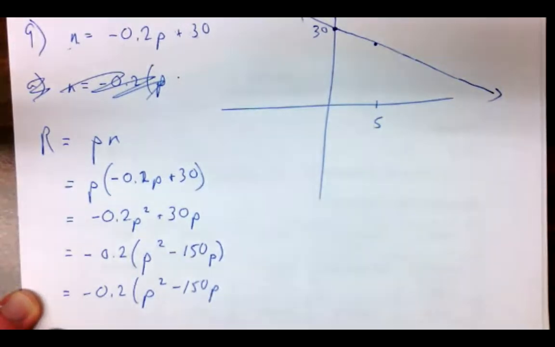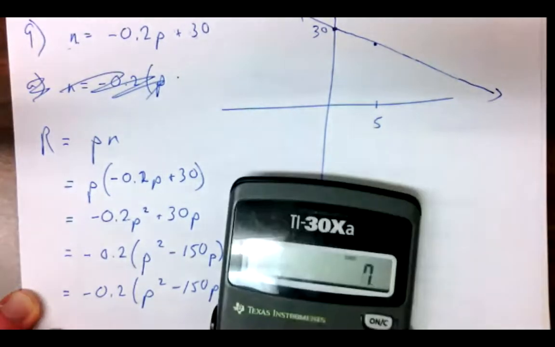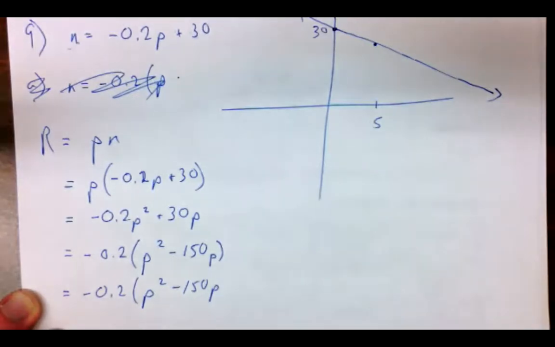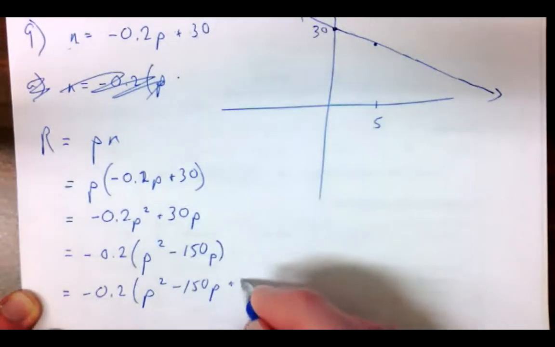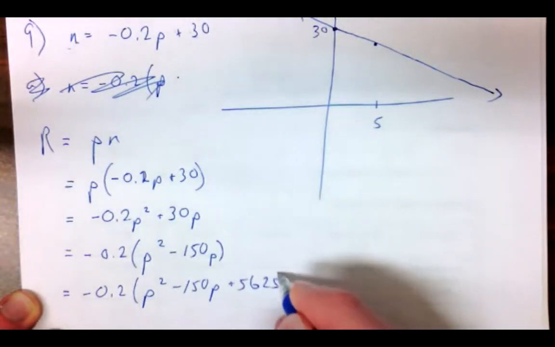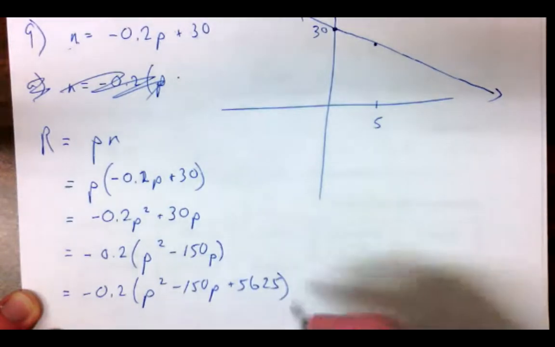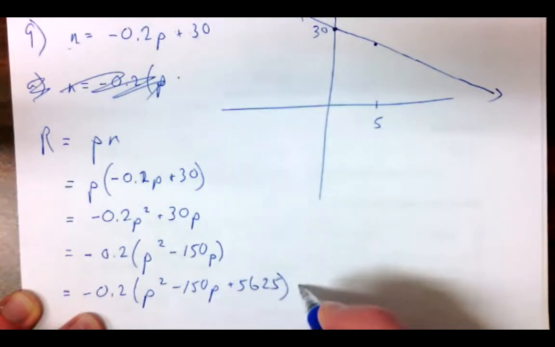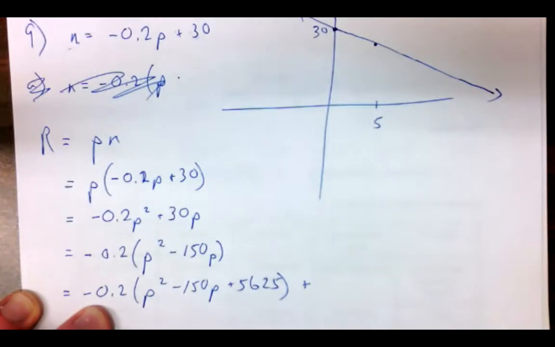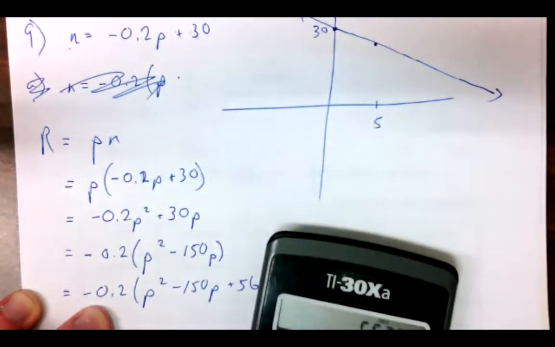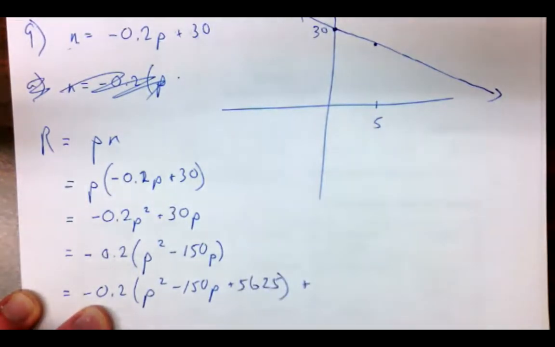Half of this is 75. 75 squared, I think we all know off the top of our head, is 5,625. We need to counter that, so that's a negative. So we're going to add 0.2 times 5,625, which is 1125.